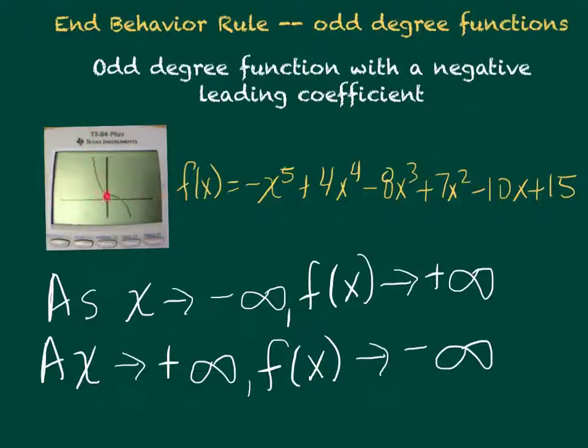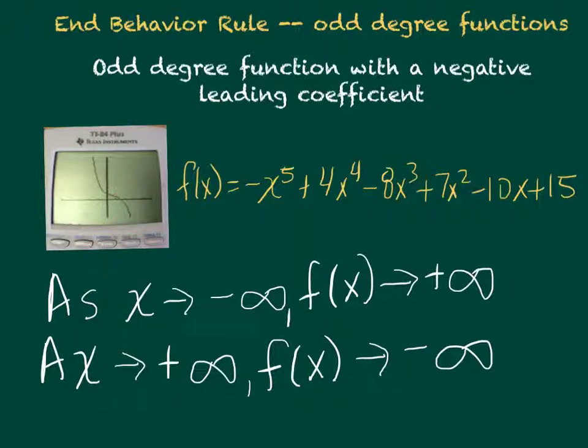And as x goes positive, the function goes negative. So using our notation, as x goes to negative infinity this way, f of x goes to positive infinity this way. And as x goes to positive infinity this way, f of x goes to negative infinity.